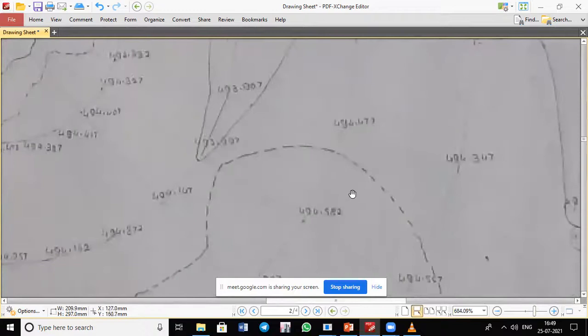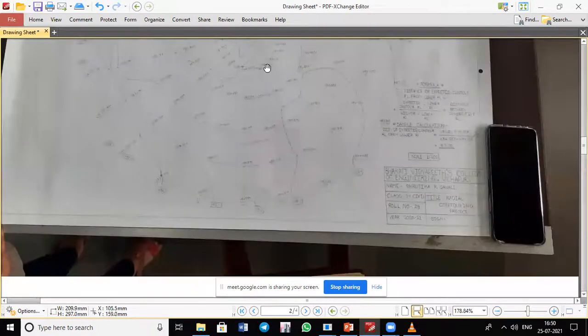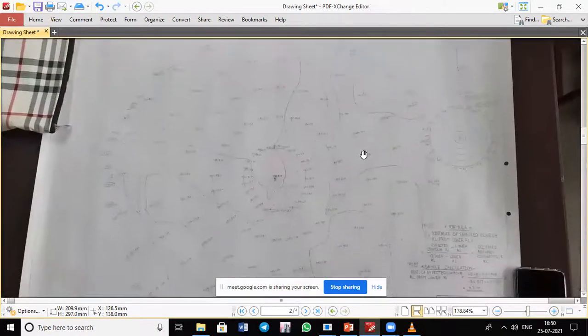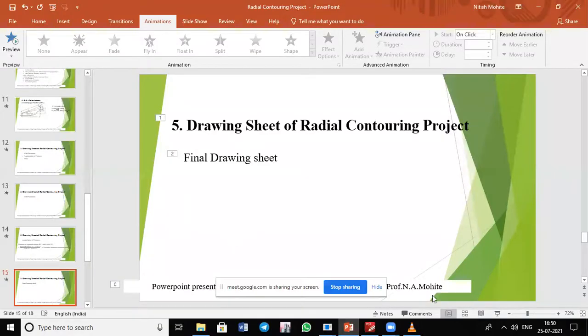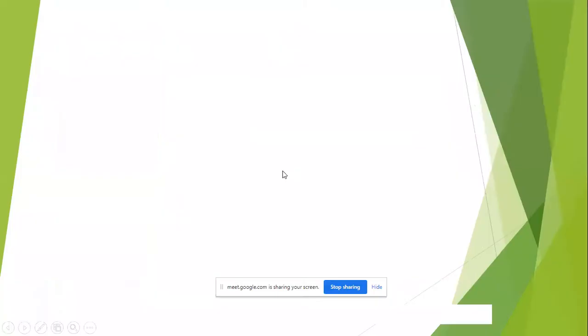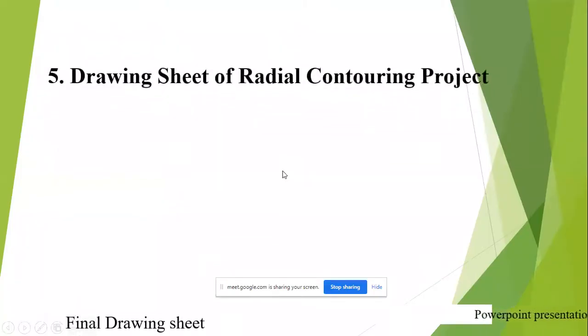Okay, so that's regarding how to draw the radial contouring sheet of our radial contouring project.